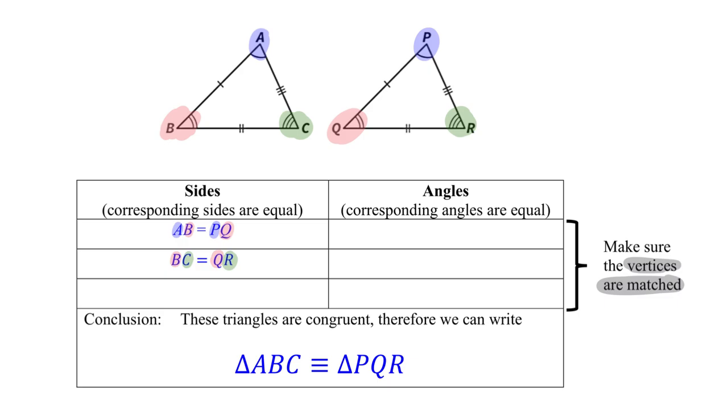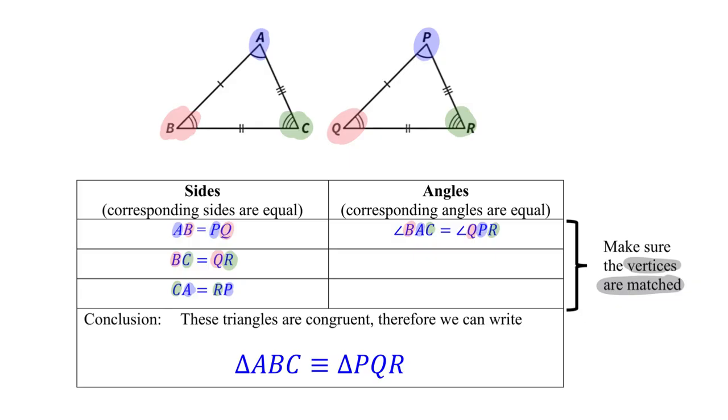And by extension, C and R, CA. If I were to write it as CA, then this will be equal to RP. Okay? Of course, this extends to the angles, where I would then have B to Q. If I'm talking about BAC, A and P, C and R in this order that I write.